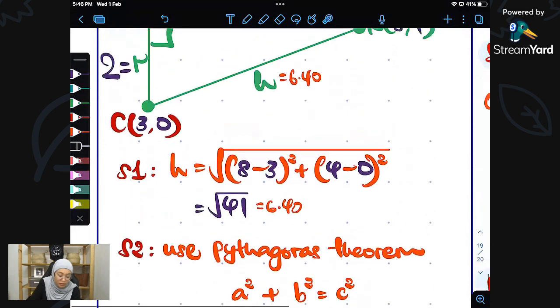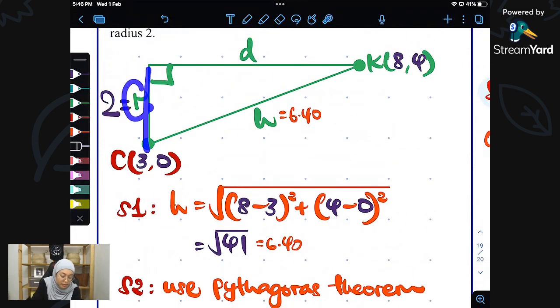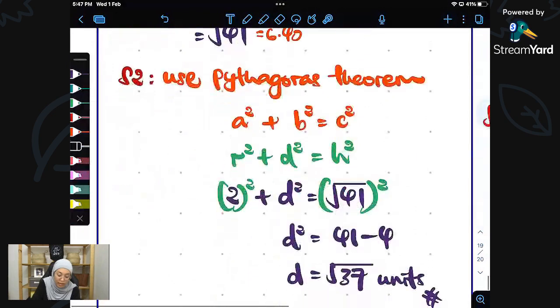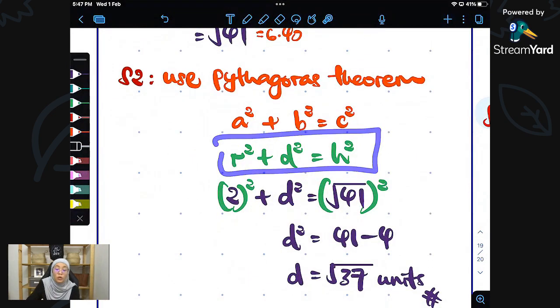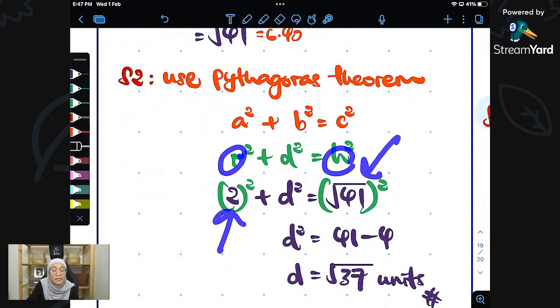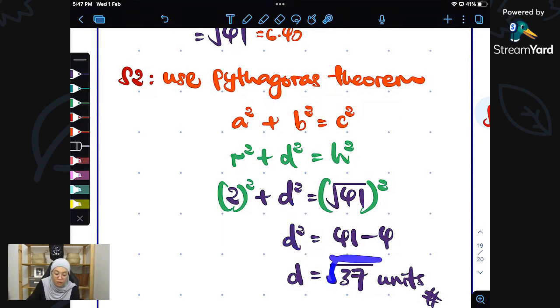So Pythagoras theorem is just the length of the radius squared, so 2 squared plus with the D squared, we do not know yet. So R squared plus D squared equals to H squared. So sub in whatever you have it, which is only the radius and the H distance there. And you got the D there, which is the square root of 37.